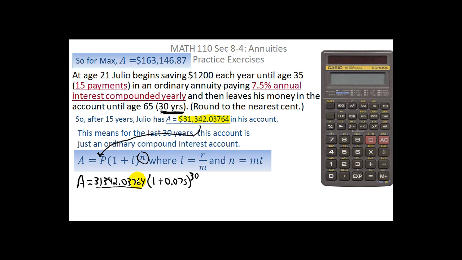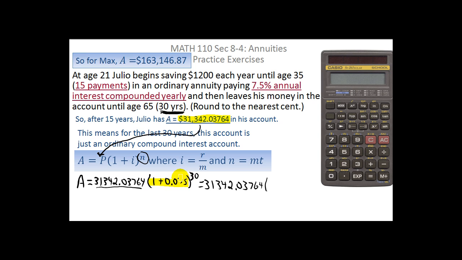Okay, so continuing, I want to add 1 and 0.075. So let me write this down and then I'll go to the calculator. I want to calculate 1 plus 0.075 and then raise it to the 30th power.